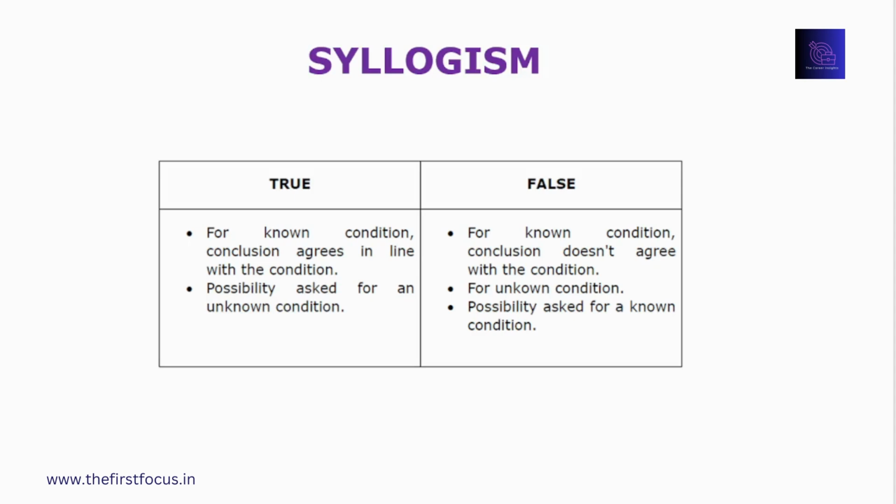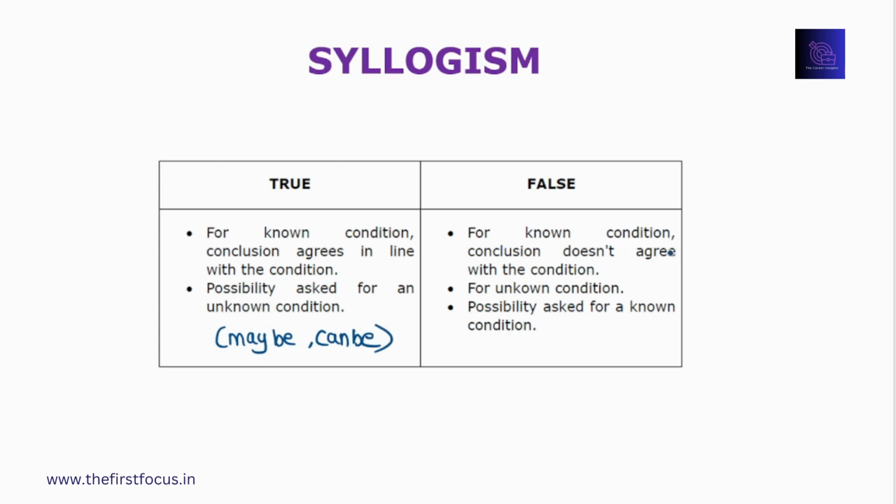Look into this table. This table shows when the conclusion will be true and when it will be false. For a known condition, if the conclusion agrees with the condition, the conclusion will be true. If possibility is asked for an unknown condition, the conclusion will be true. Maybe, can be, or words that also indicate possibility.